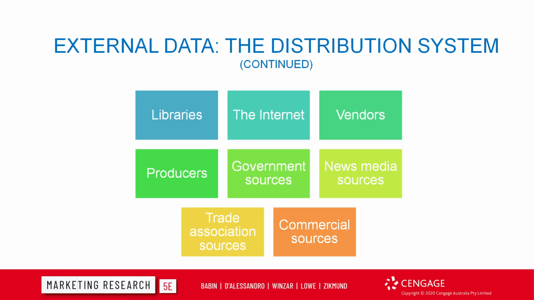In recent years, the growth of online vendors has allowed managers to access external databases via desktop computers and telecommunication systems. And the next distribution system is called the producers of books and periodicals.